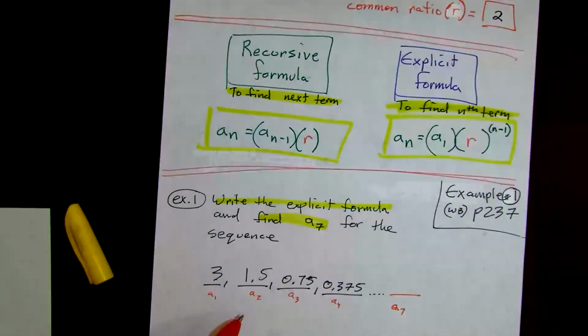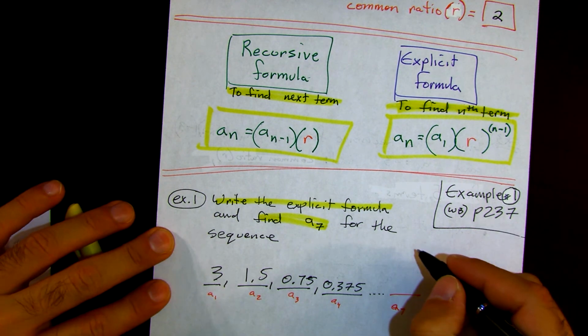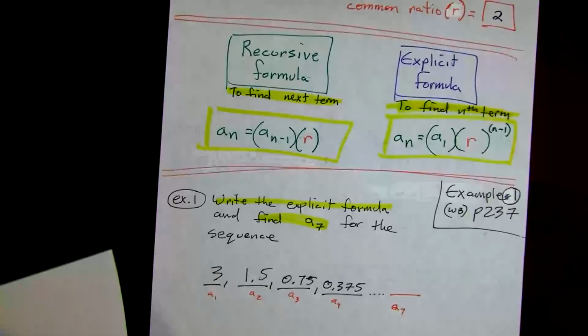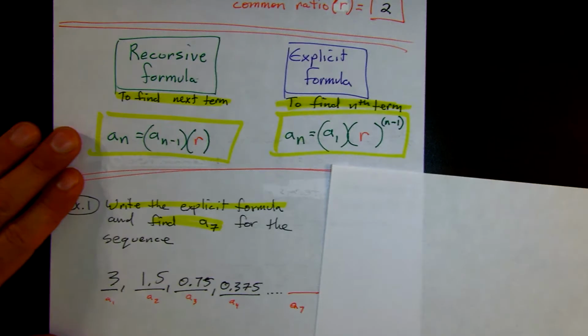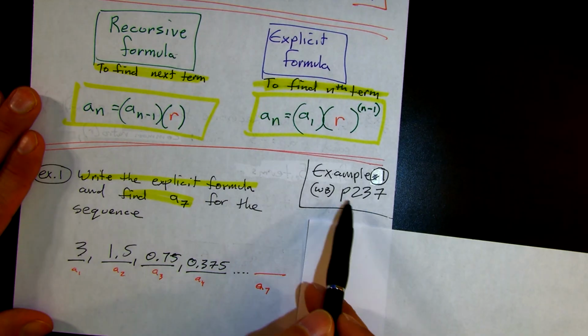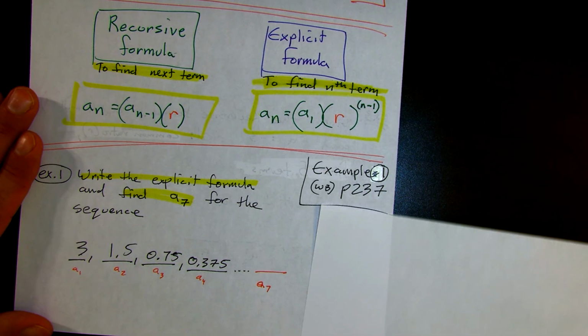So let's see. What are we going to put for this? Let's just make our straight explicit formula to start. Again, this is in your workbook on page 237, number 1.